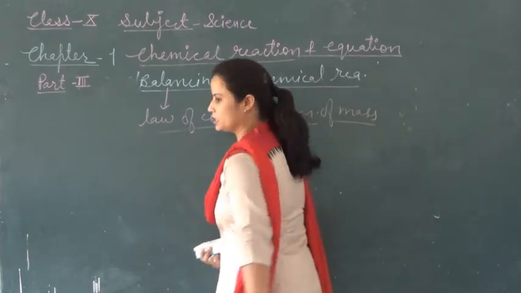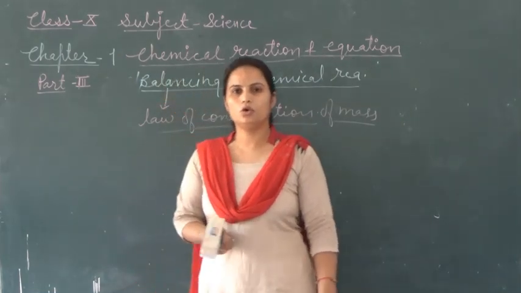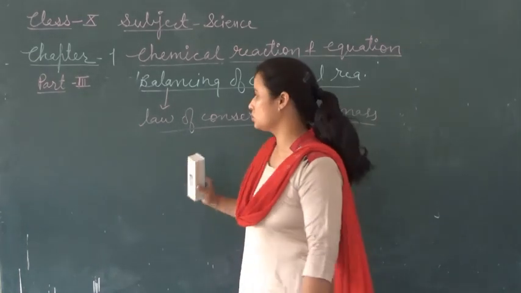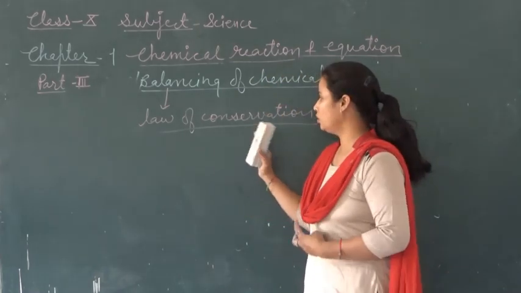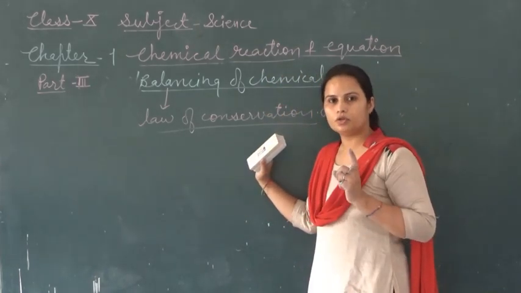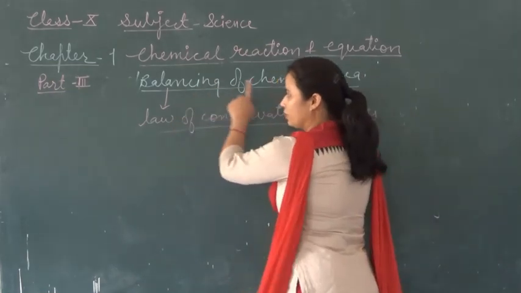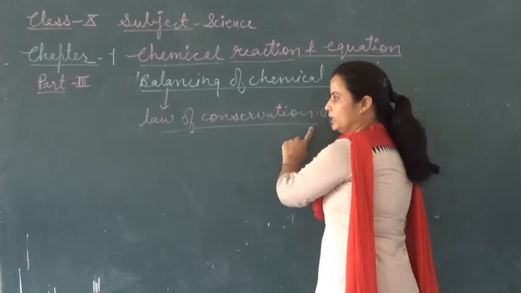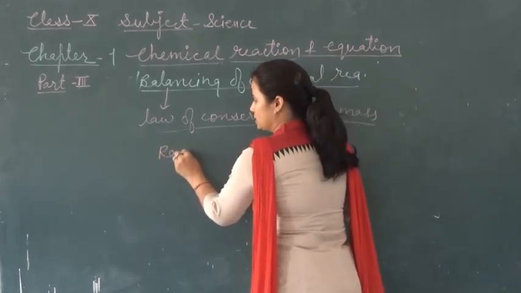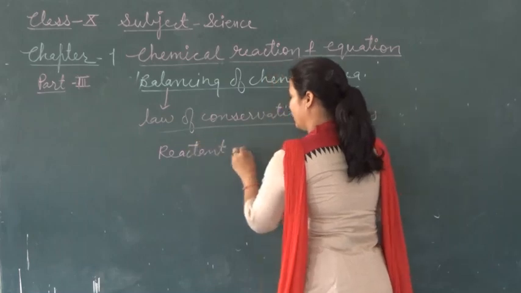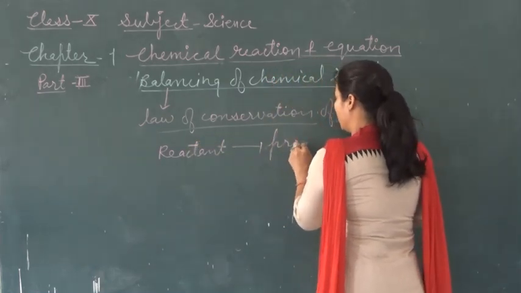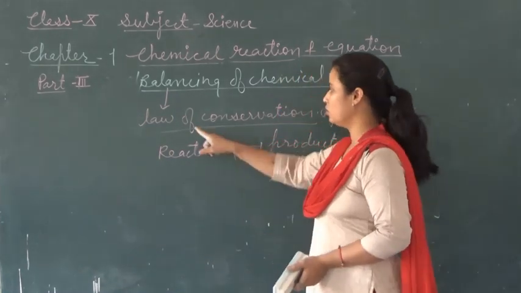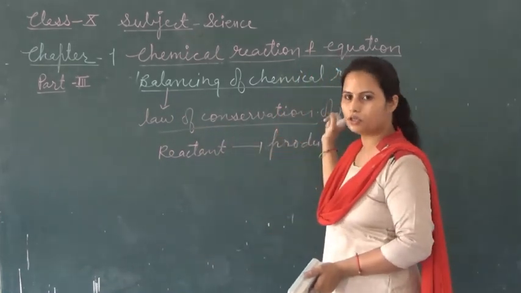In the previous class, in 9th class, you studied the laws of chemical combination, explained by Lavoisier and Proust. Actually, there are two laws: the law of conservation of mass and the law of constant proportion. The balancing of chemical reactions is based on the law which says matter can neither be created nor destroyed. That law is called the law of conservation of mass.